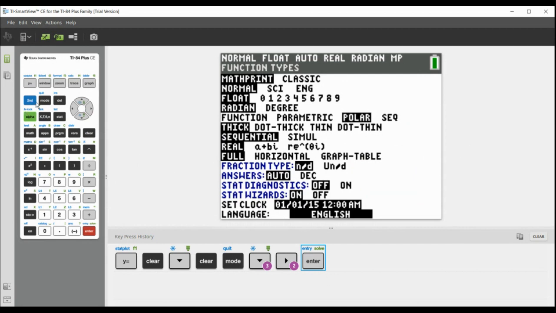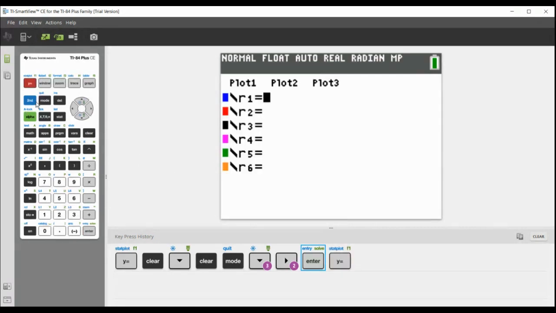Now let me go back into y equals. Good. It has r1, so r equals a function of theta. Here r equals 2 times the cosine of theta, and if you click the x button, it's going to give you theta. Is everybody good so far, getting their calculator into polar mode and then going to y equals and typing in the polar equation?